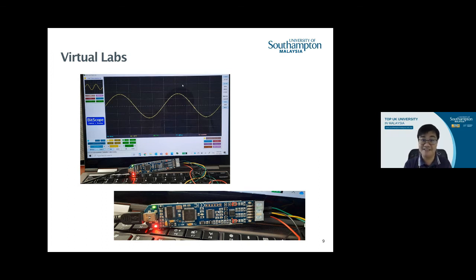So that's the kind of setting that we have now to make the best out of the situation, so that our students will not just be looking at the flat screen and some demo. No, they are still experiencing the very nature of EEE as they go.